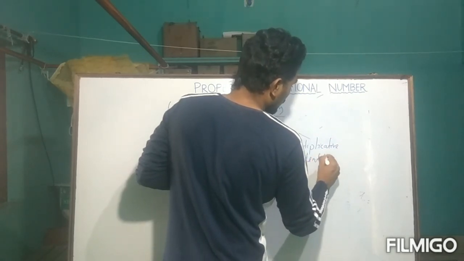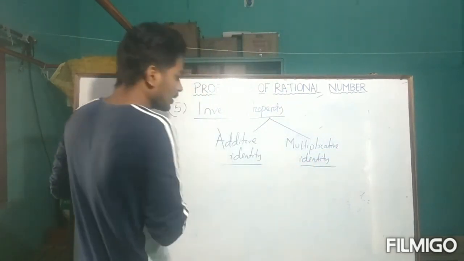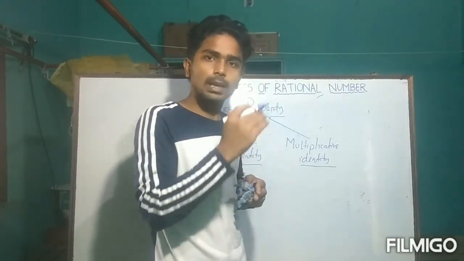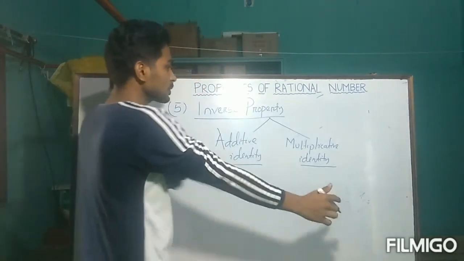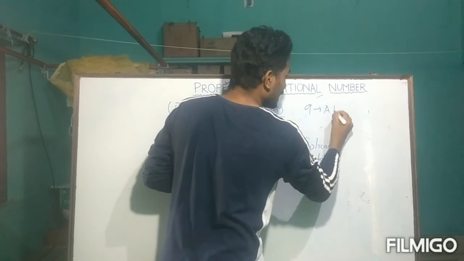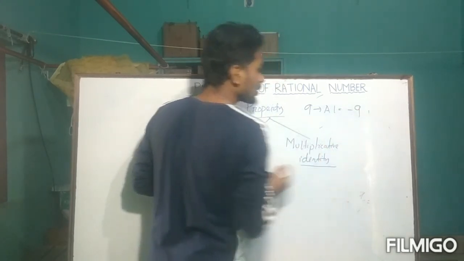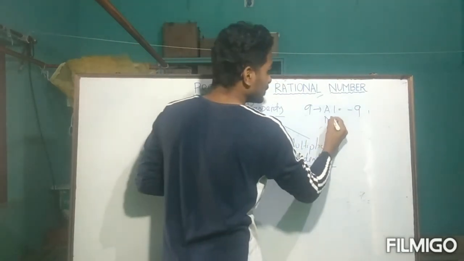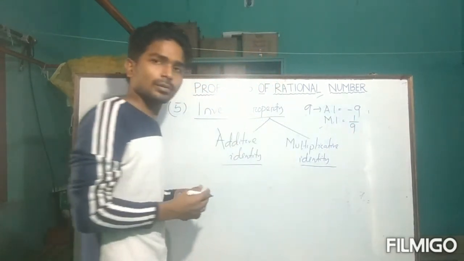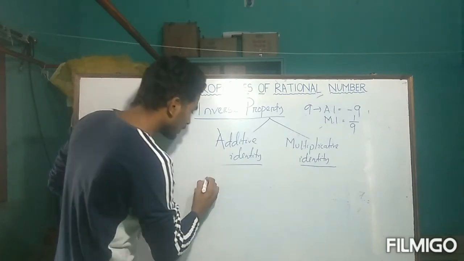Okay, so हमें जानी गले जे इनवर्स प्रॉपर्टी क्या हुआ जाए. एडिटिव इनवर्स कौन, मल्टीप्लिकेटिव इनवर्स कौन. सपोज वी हैव 9. So what is the additive inverse of 9? Minus 9. Okay. What is the multiplicative inverse of 9? 1 by 9. Understood?